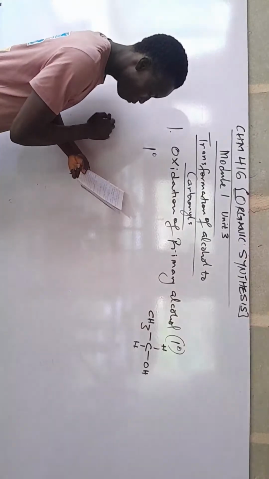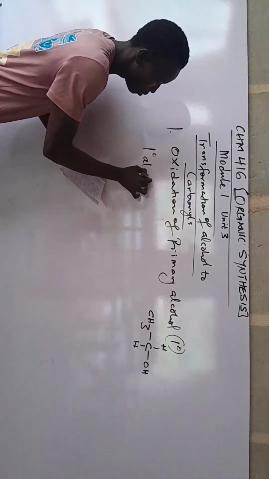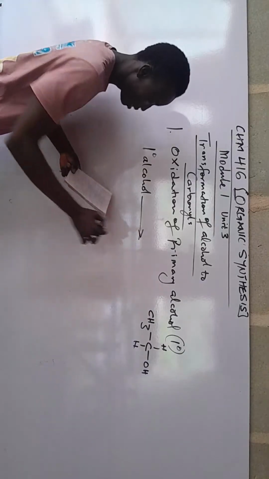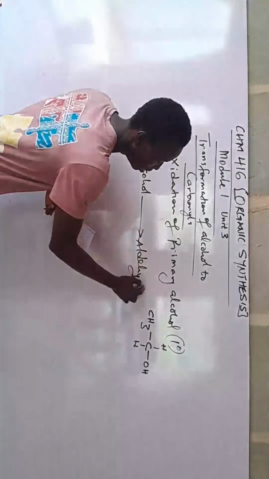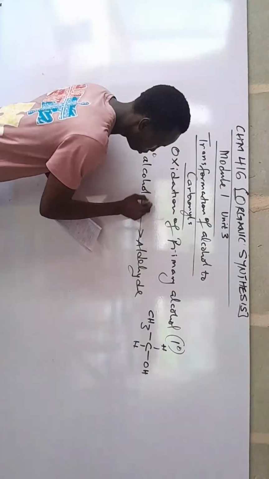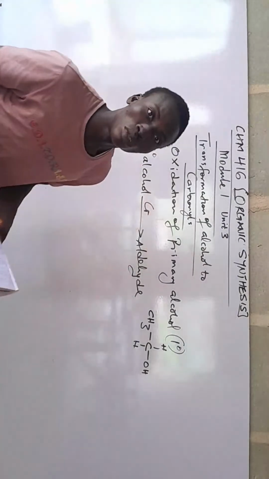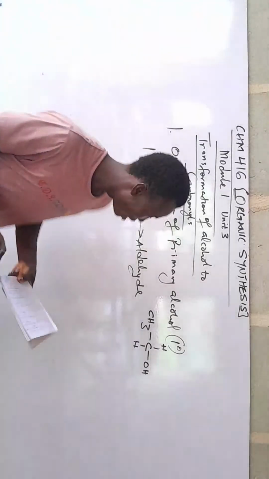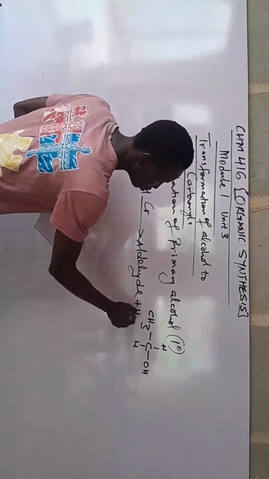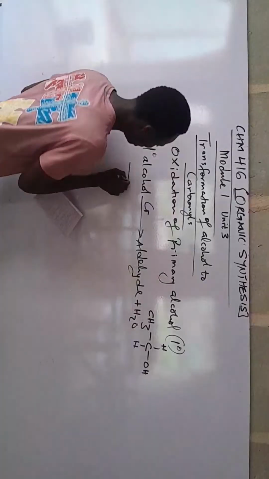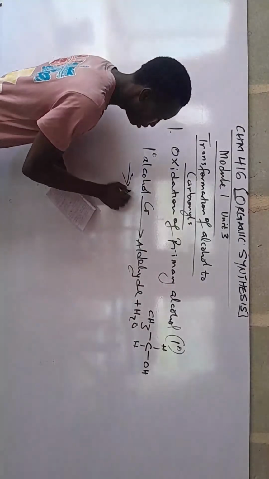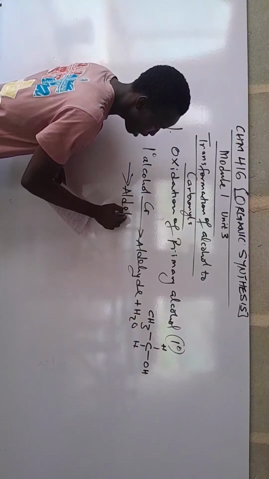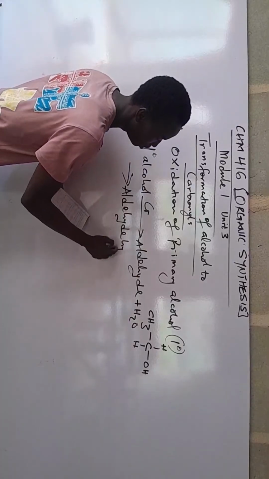So the primary alcohol is converted to the aldehyde in the presence of Cr, which is chromium, together with H2O produced. The next compound formed is the aldehyde hydrate.